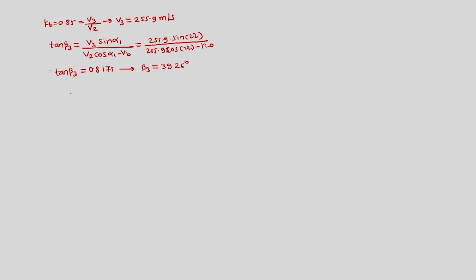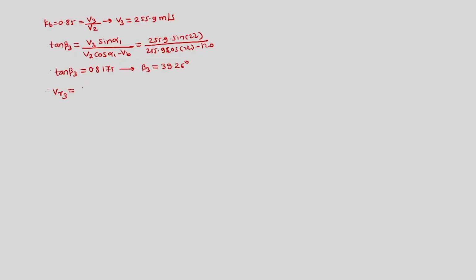and beta 3 is equal to 39.26 degrees. This is useful to find VR3, which is the relative velocity at the inlet for the second stage. We have VA3 equal to V3 sin alpha 1 equal to VR3 sin beta 3, so we can use this.